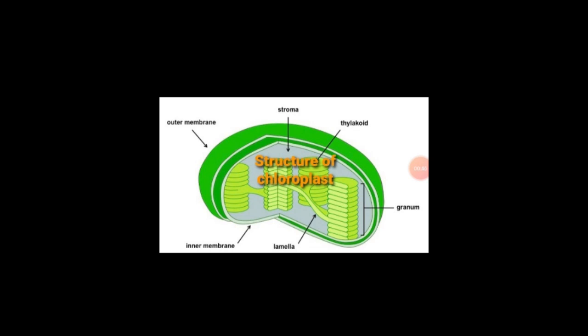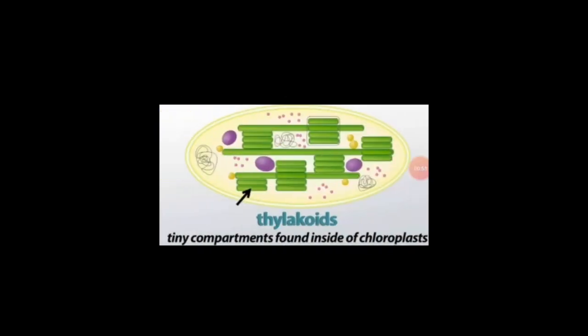Photosynthesis occurs at different sites in chloroplast. The reaction in which light energy is converted to chemical energy and stored as ATP and NADPH2, which stands for reduced nicotinamide adenine dinucleotide phosphate, and ATP stands for adenosine triphosphate, occurs at the thylakoid membrane.